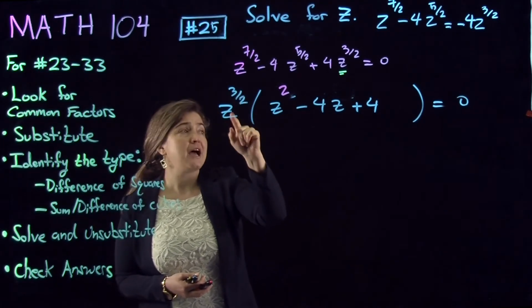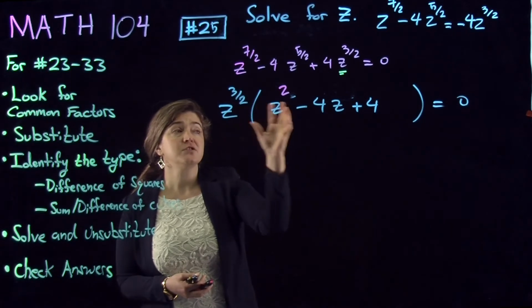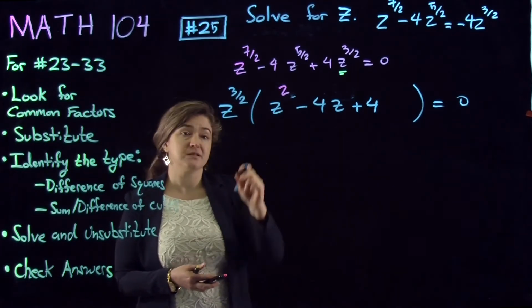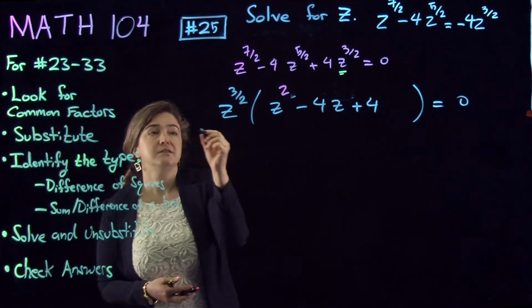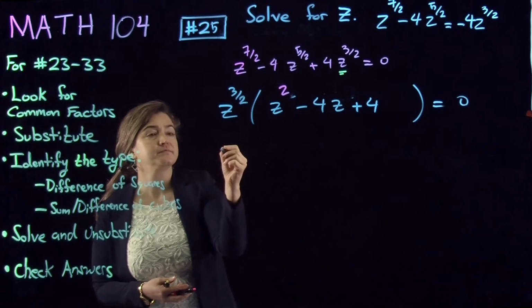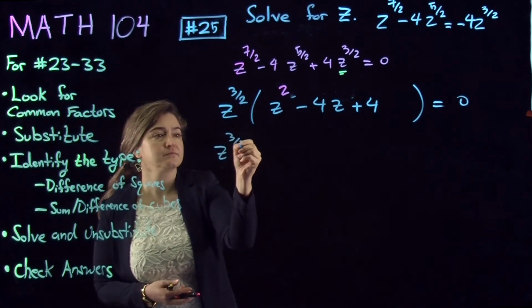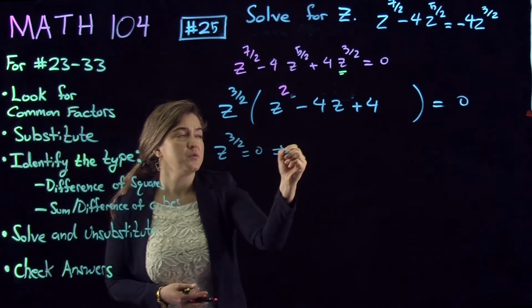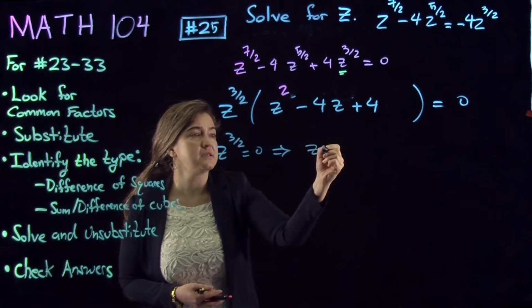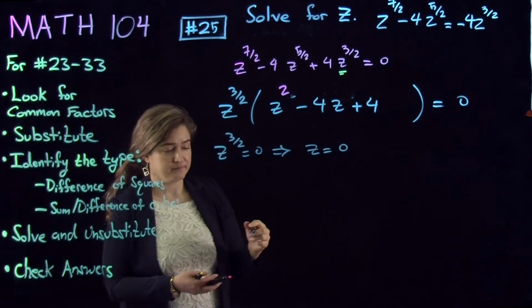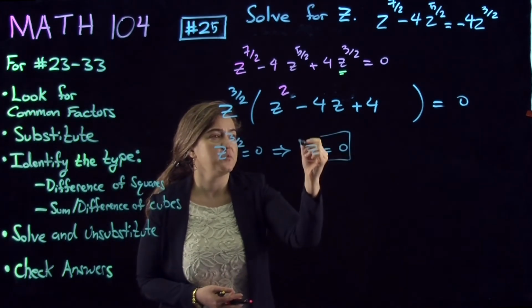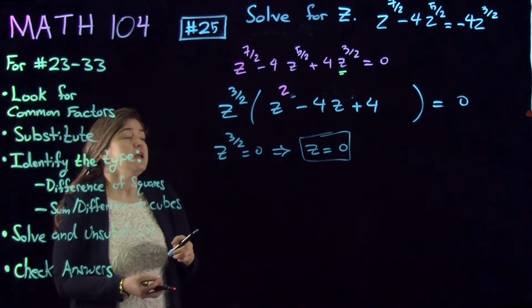Z to power 3 half is one of the factors, so I can set it equal to 0 and get a solution out of that. Z to power 3 half equal to 0 will give me z is equal to 0. So that's one of the solutions.